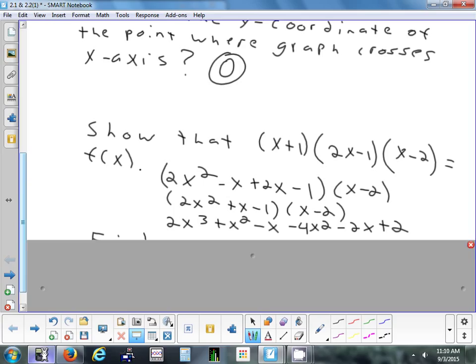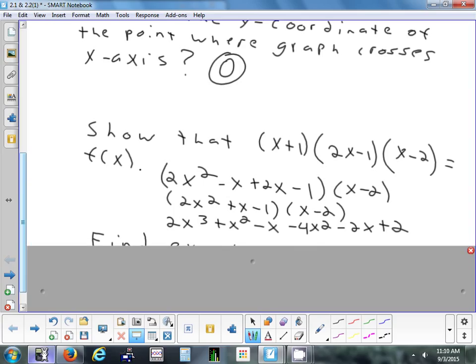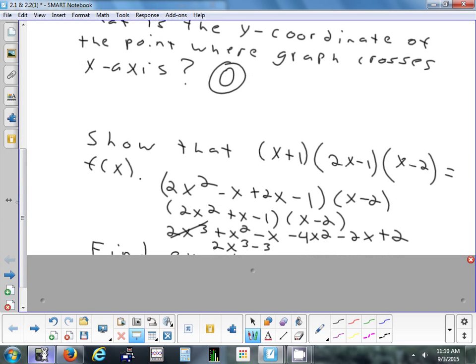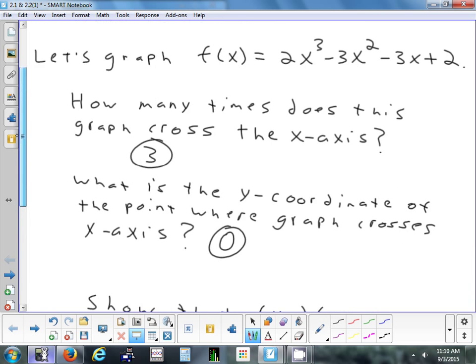Let's combine those like terms and hopefully get what we have up above. 2x cubed, so that's that. We have x squared, take away 4x squared. That's minus 3x squared. That's good. We have a -x and a -2x. That's a -3x.